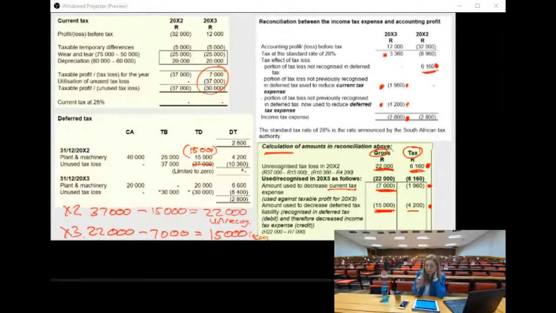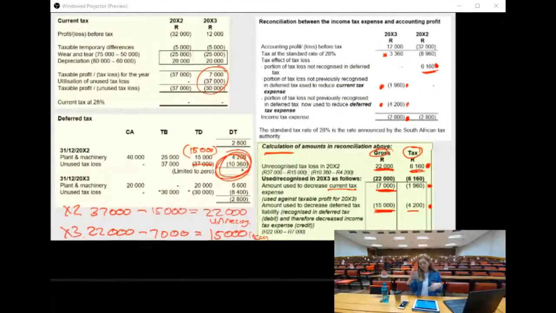If we were able to recognize the full unused tax loss in 20X2, we would not have reconciling items, because then we can recognize everything. But now the fact of the matter is, this 7,000 comes first from the unrecognized amount. That's why it goes into the income tax expense note reconciliation.